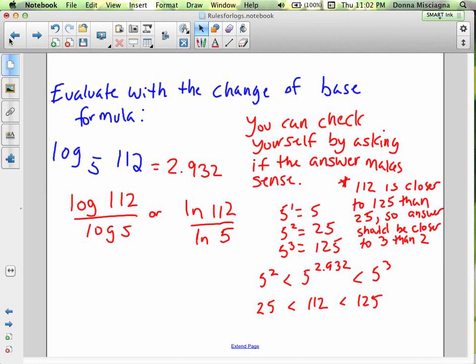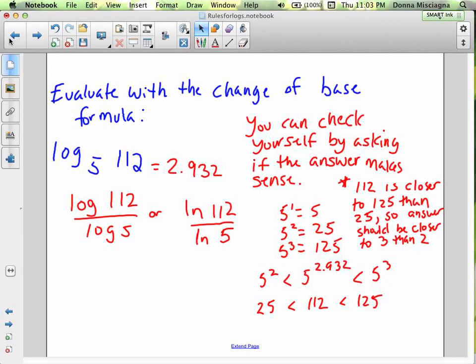All right, so thanks for watching this one, and I hope you found the change of base formula super easy. I think it is, and it makes a lot of intuitive sense, which is why I do that whole check yourself by asking if the answer makes sense. And you don't have to do all of this each time, certainly not. But if you look at an answer and it doesn't make sense, stop for a moment and just think about it.